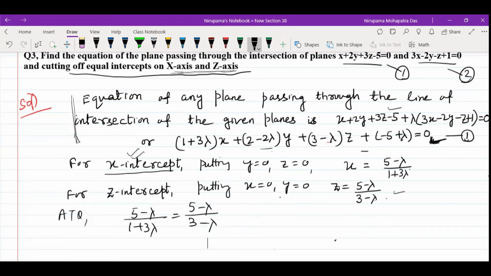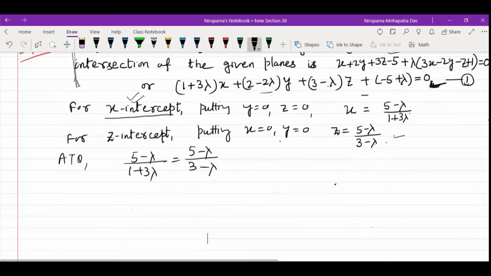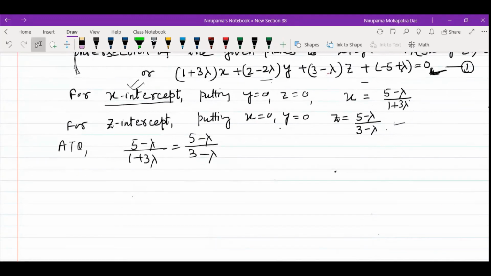So here we cannot cancel 5 minus lambda because we do not know whether it is 0 or not, right?